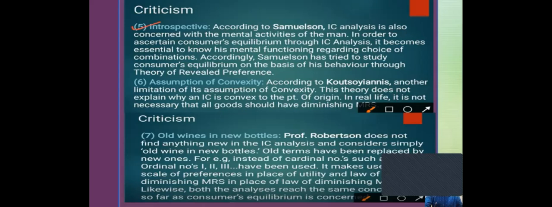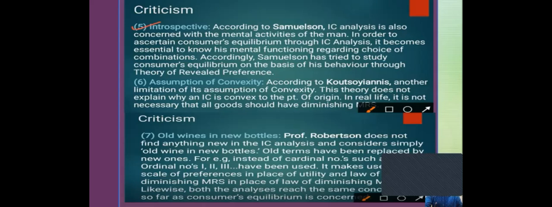And the last criticism of indifference curve analysis is that it is old wine in a new bottle. Professor Robertson is saying that it does not find anything new in indifference curve analysis. It has already explained this concept in the marginal utility analysis. यहाँ पर था कि you are measuring the utility of the consumer by 1, 2, 3 cardinal numbers.